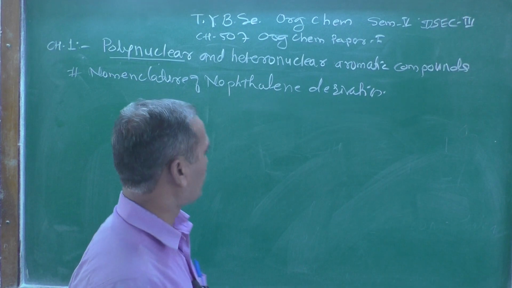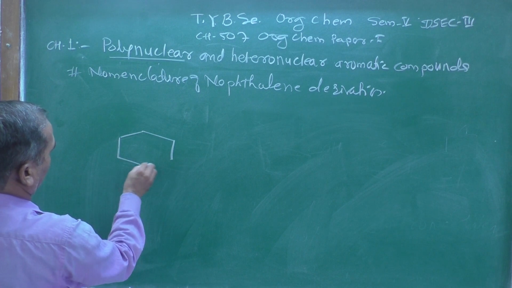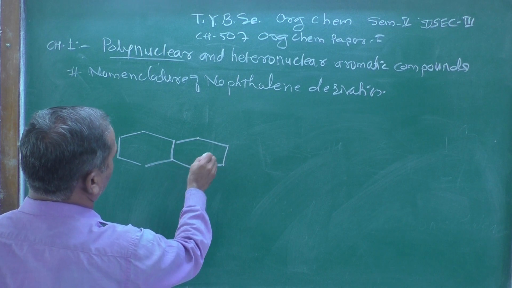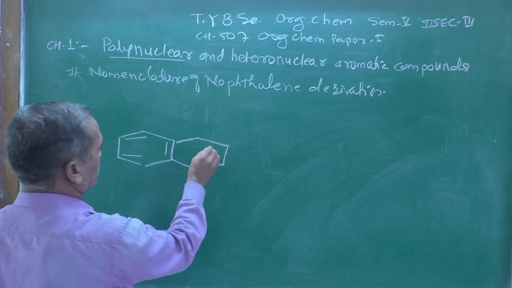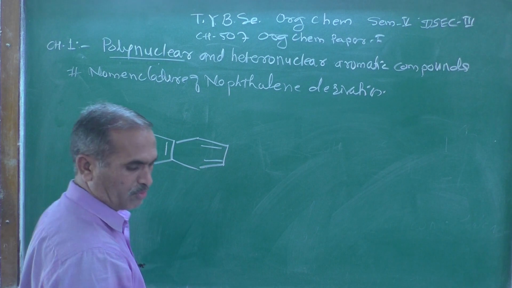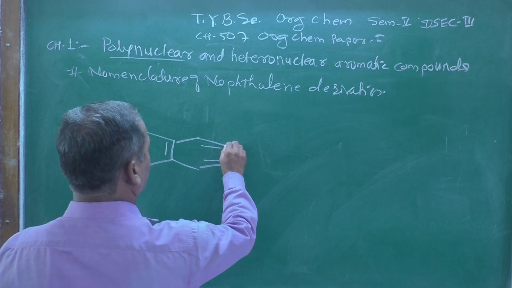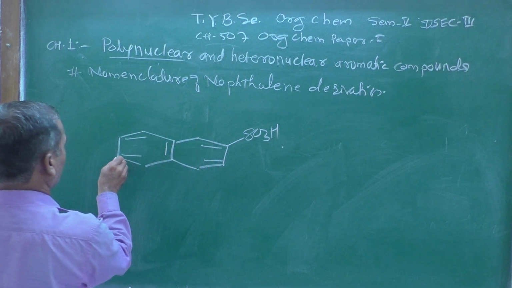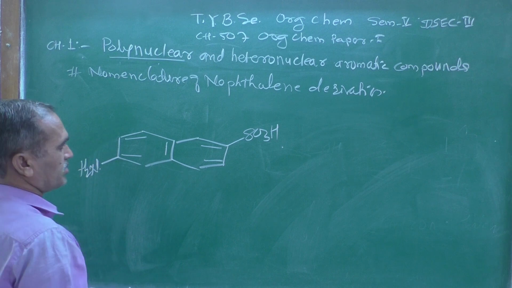One example which I have shown here, you can observe this structure carefully. One group which is present at this position is SO3H, and one which is present at this position is amino.